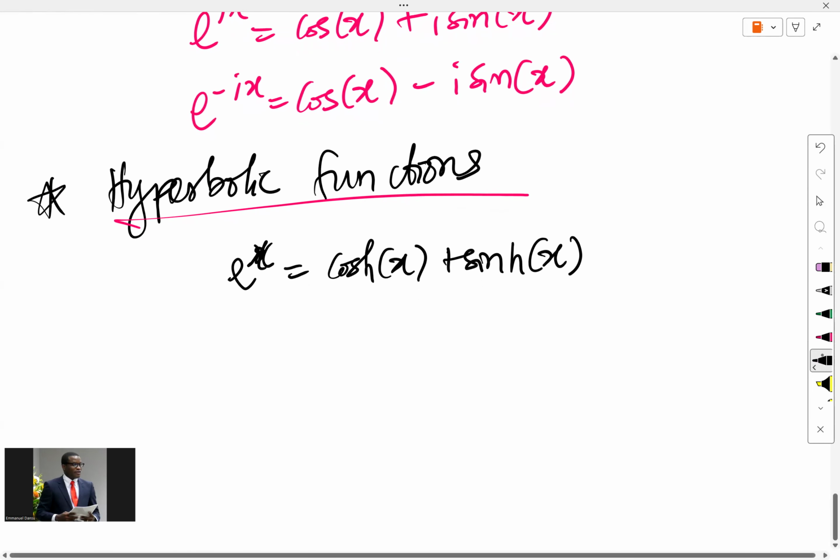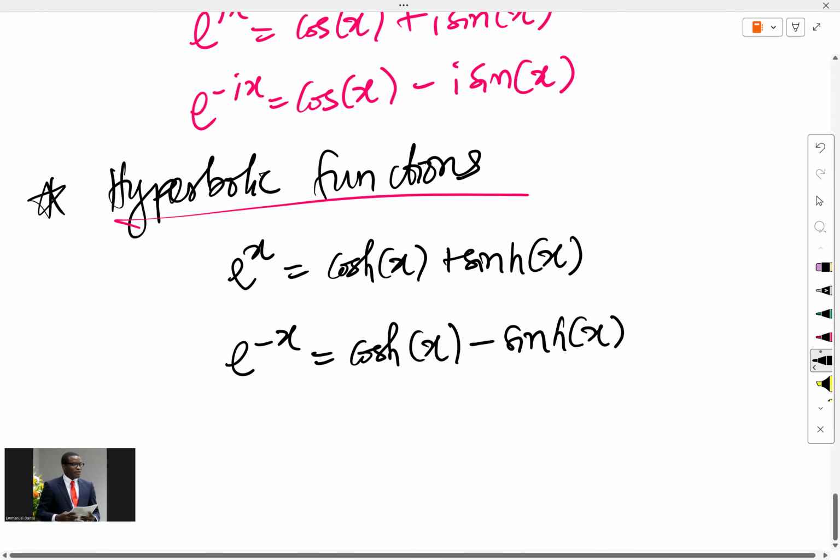On the other hand, e raised to power minus x is cosh x minus sinh x. You can also add those together and you see that that's what it gives you. So you can see that these formulas connect exponential functions to both trigonometric and hyperbolic functions, revealing their underlying structures in complex and real analysis. Interestingly, that's what we're going to see in the next video.